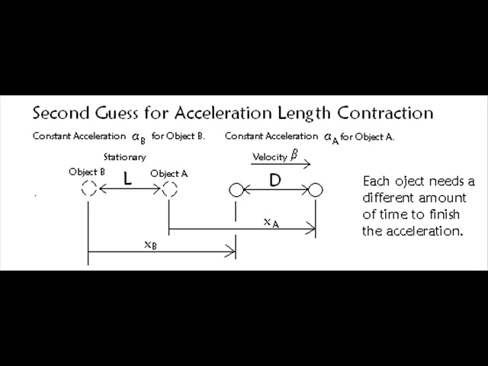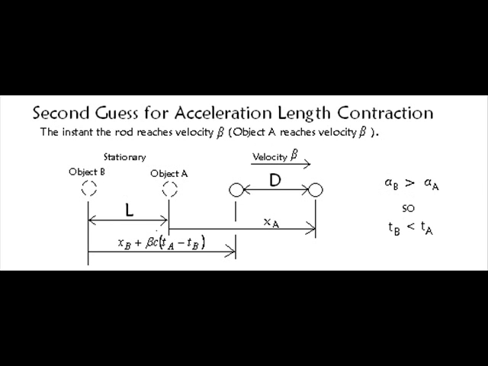Now, not only do the objects need a different distance to accelerate over to reach velocity beta, but the time required for each object to accelerate to velocity beta will also be different. We're going to just state here that alpha sub b is greater than alpha sub a.